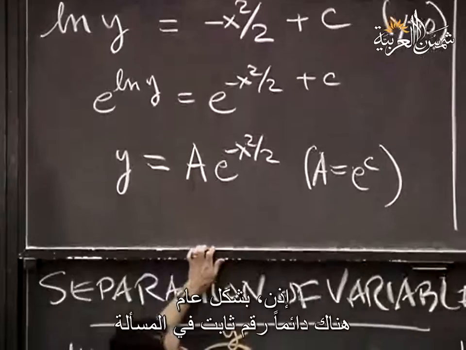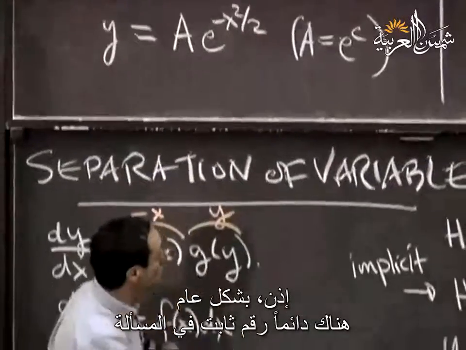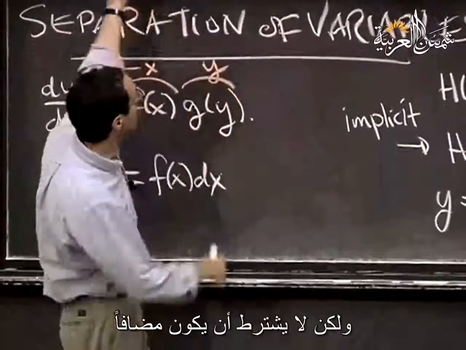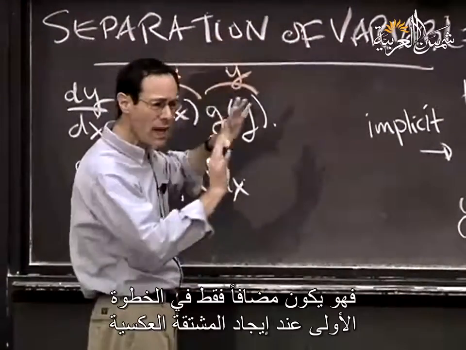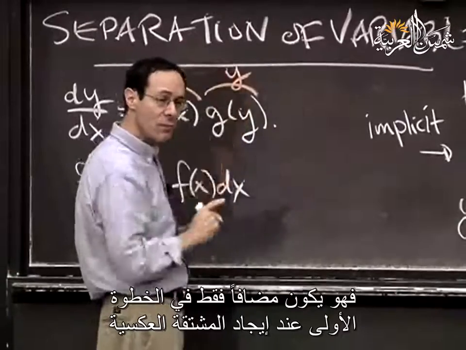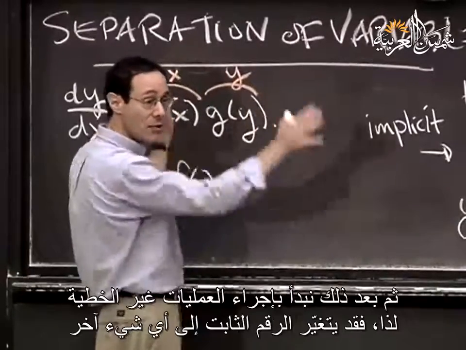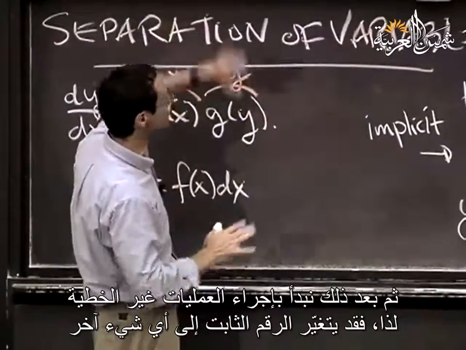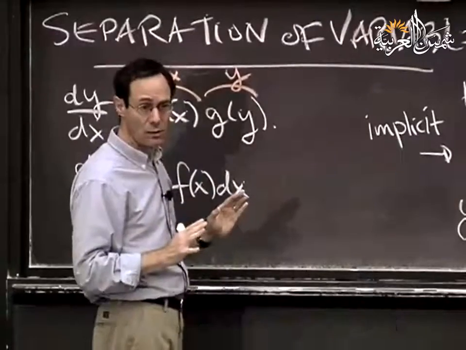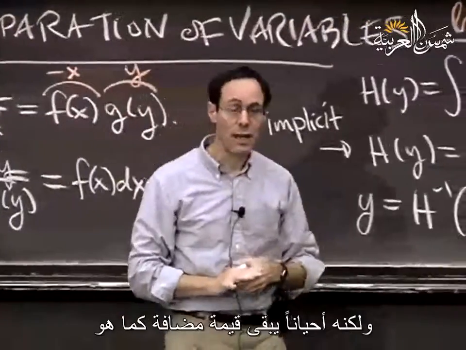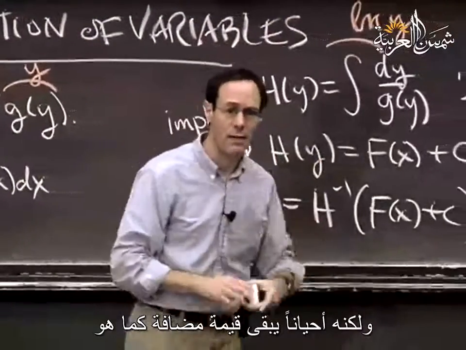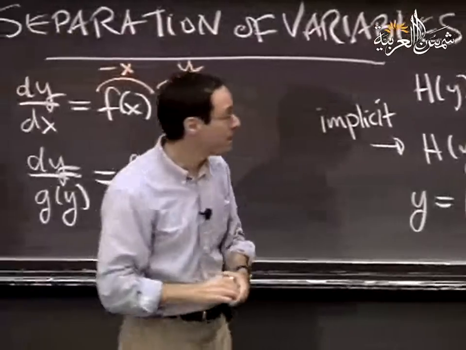And so, in general, there's a free constant somewhere in the problem, but it's not always an additive constant. It's only an additive constant right at the first step when you take the antiderivative. And then after that, when you do all your other nonlinear operations, it can turn into anything at all. So you should always expect it to be something slightly more interesting than an additive constant, although occasionally it stays an additive constant.